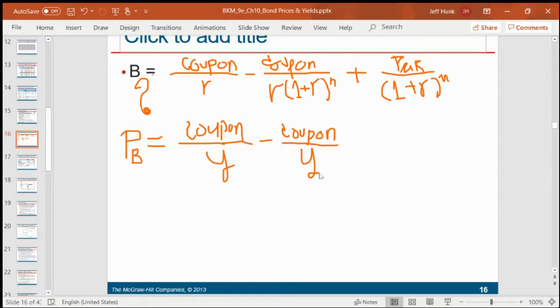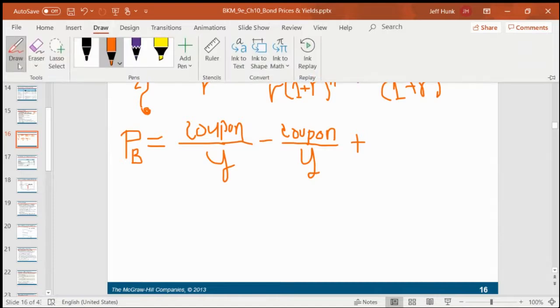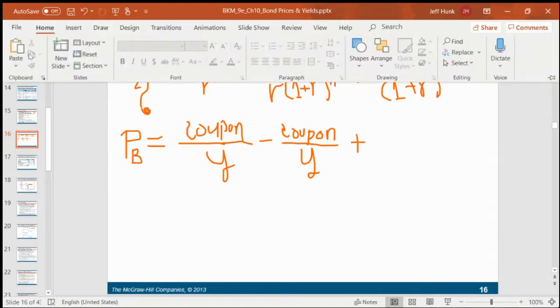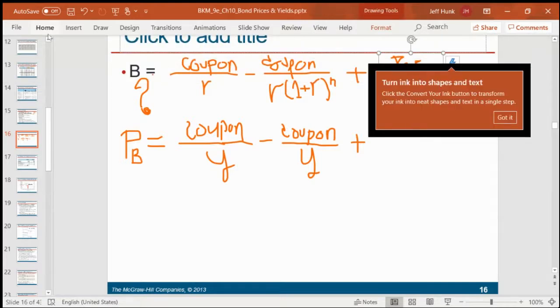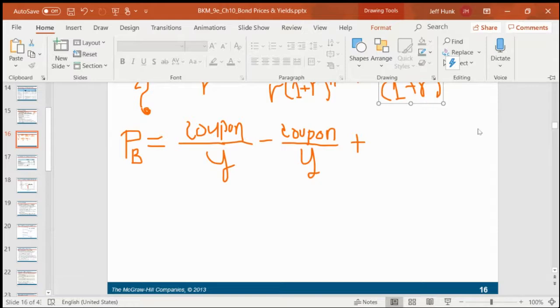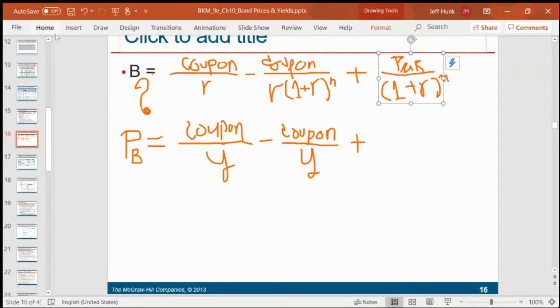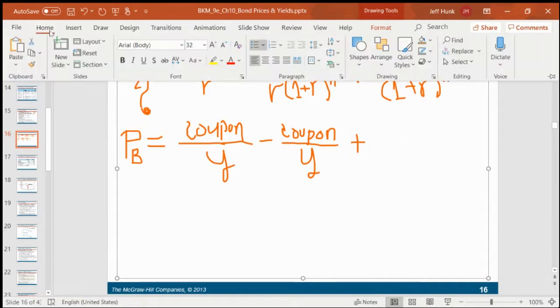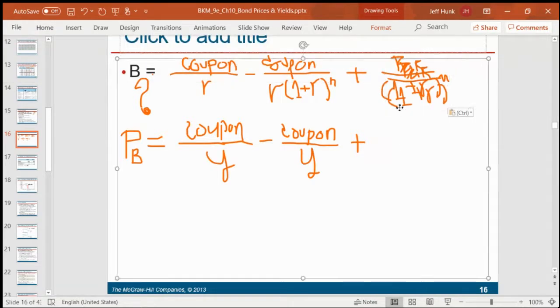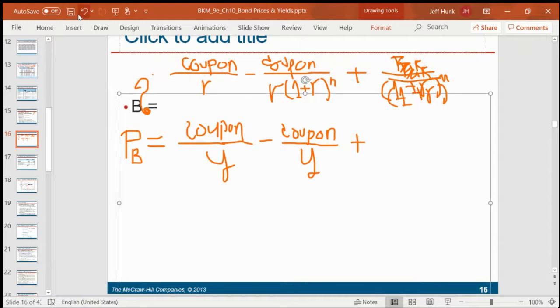Coupon over y. Okay, let me do this. The whole thing can be copied, and I'll put it here.